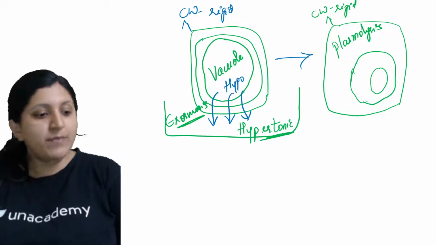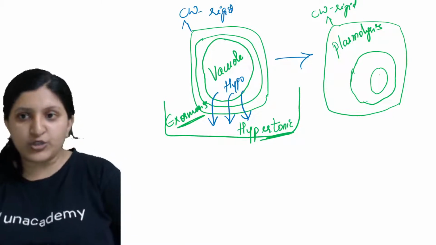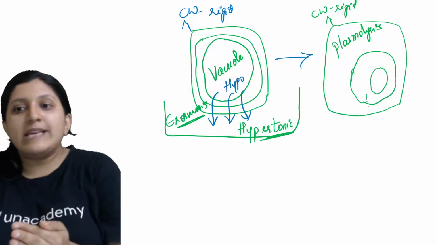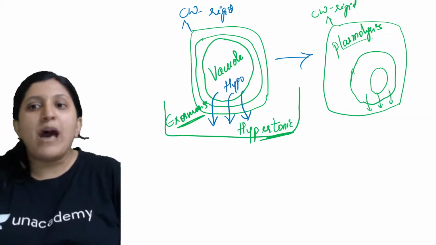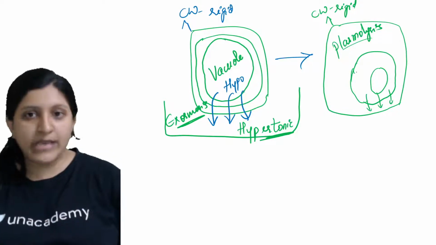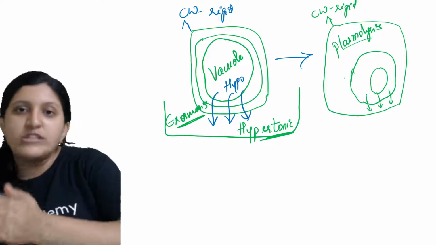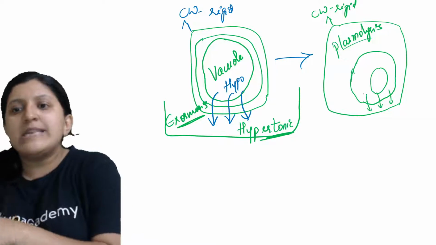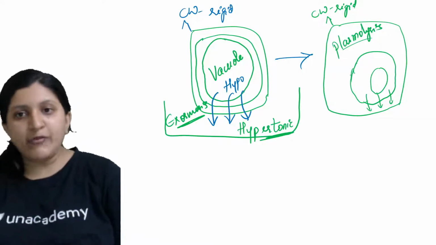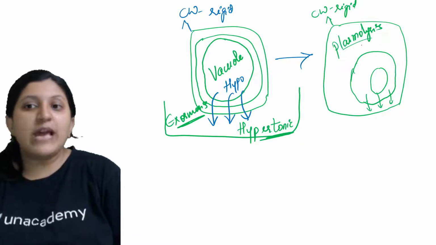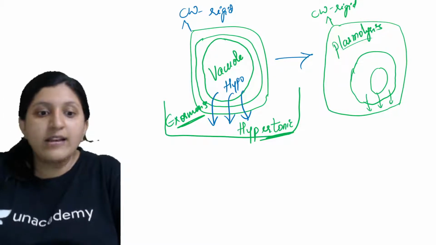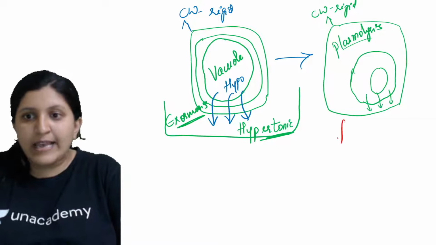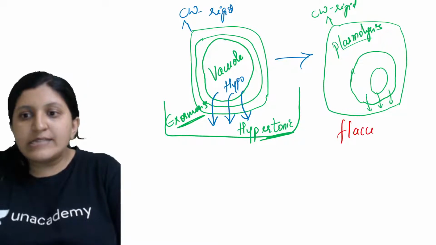But as we kept it in a hypertonic solution, you can see there is exosmosis occurring. Since there is plasmolysis, the plasma has been lysed because of the water movement outside, and you can see the cellular content is coming to one corner. So this process is called plasmolysis, and the condition of this cell is a flaccid cell.